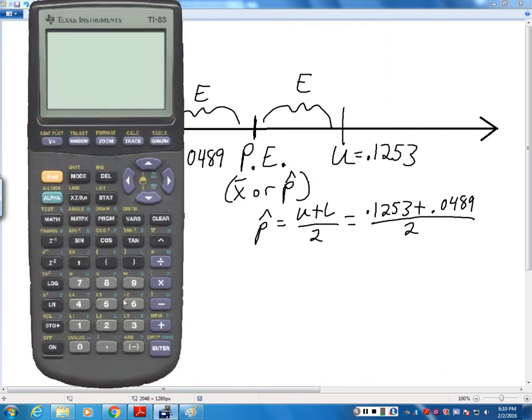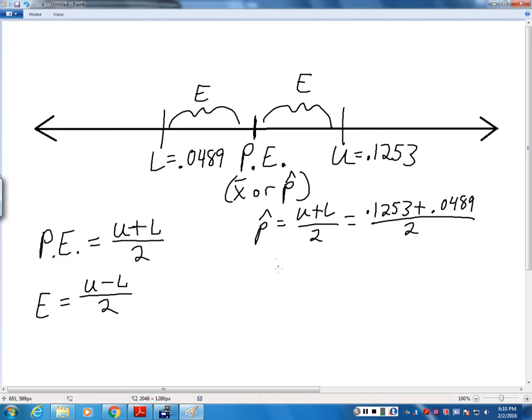Using my calculator, we'll make short work of that. So I get 0.0871. So my point estimate, or p hat, is 0.0871.